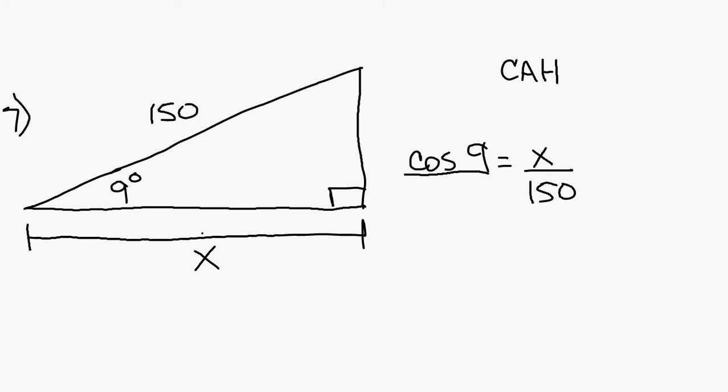So when you crisscross multiply, your x times 1 is x. And then cosine 9 times 150. It's 148.2.